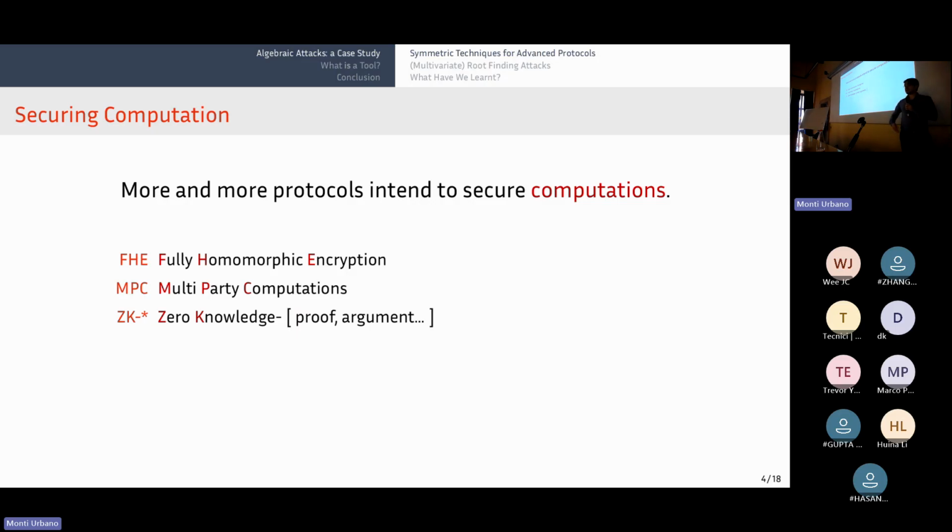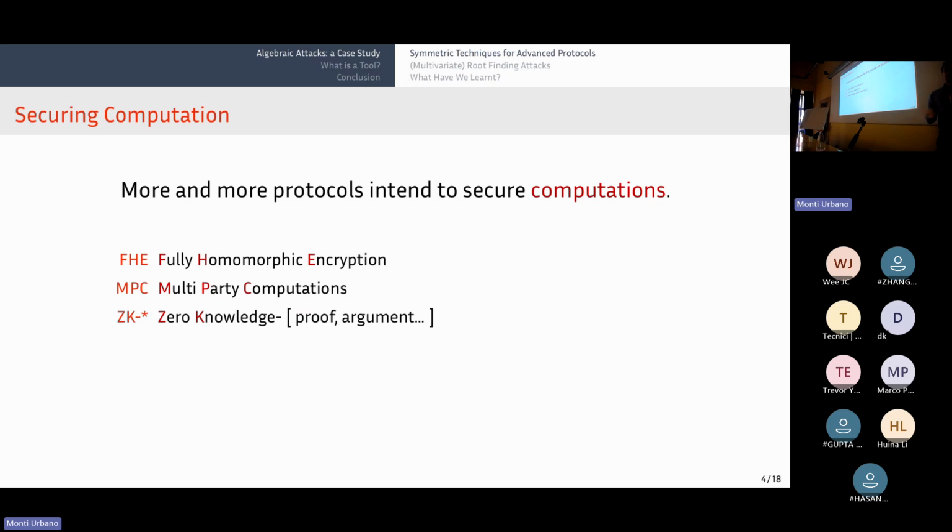So you encrypt your data, you send it to a server, the server does some operation, sends you back the result, you decrypt it, and it makes sense. The whole computation made by the server has not allowed the server to obtain any information about your data.